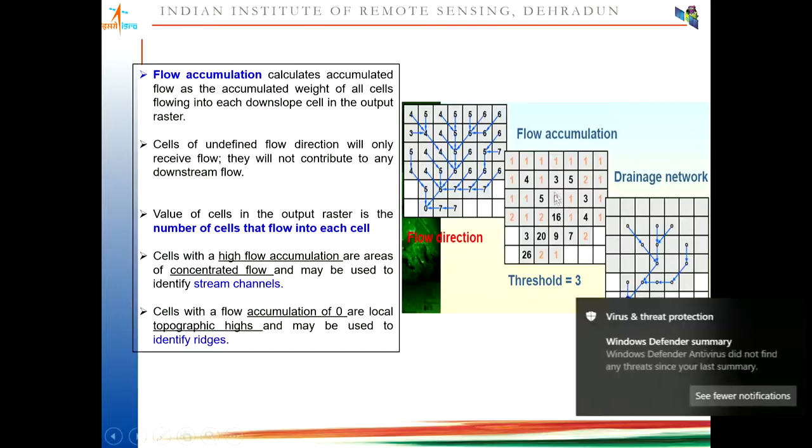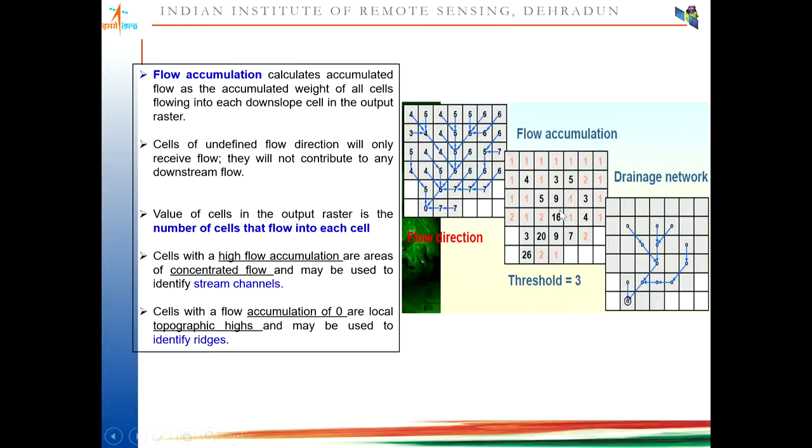So from here, suppose 5, 9, 16, 20 and 26, water will move through these pixels. So this area will form a gully. There is more chance to form a gully, and the water will flow in this one, which you can call concentrated flow.